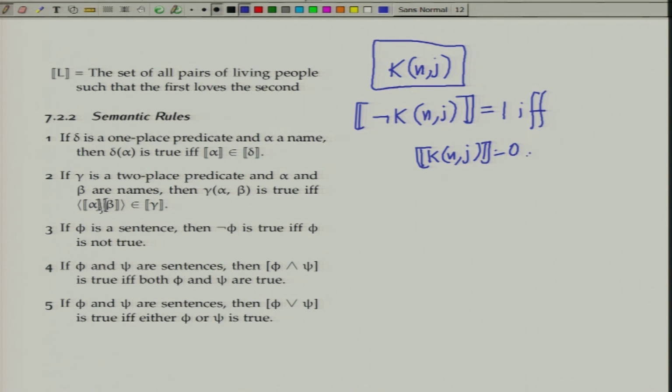Because this is 0, as we have calculated, the truth value of this big sentence, that is neg K n j, will be 1. This is how we determine the truth value of this sentence. This is a monadic operator. Now we go to a dyadic operator, say AND.